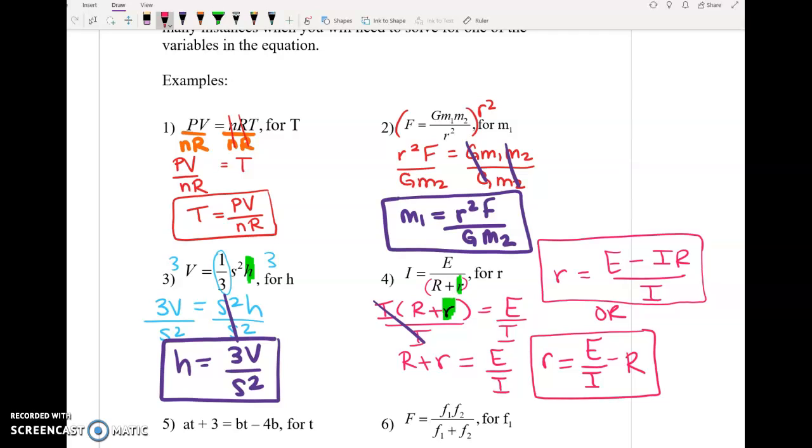I always try to do the least amount of steps, so I prefer the one with I in the denominator. Notice here, how would you get that? Putting both of these numerators over I individually, that's where the I's would cancel and you're left with r by itself, in case you were wondering.